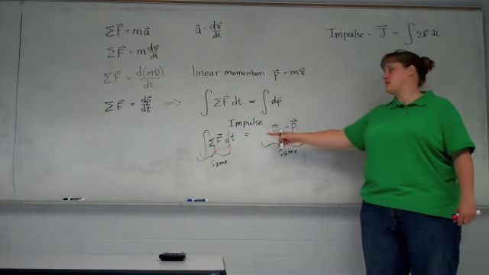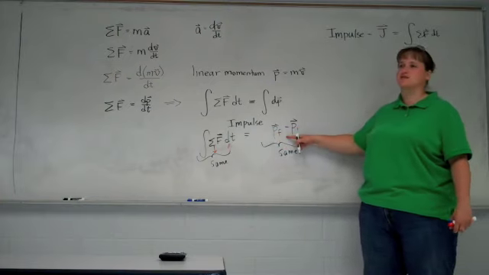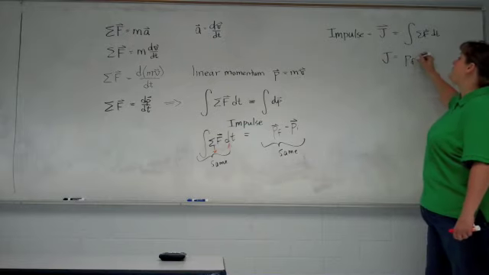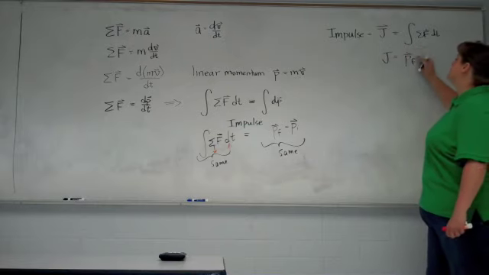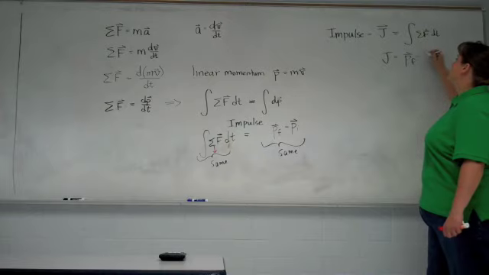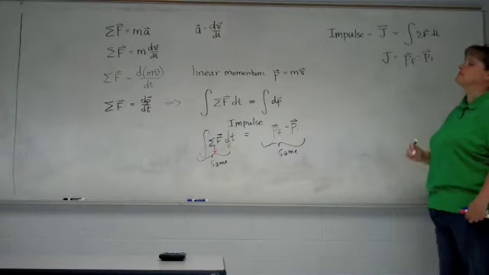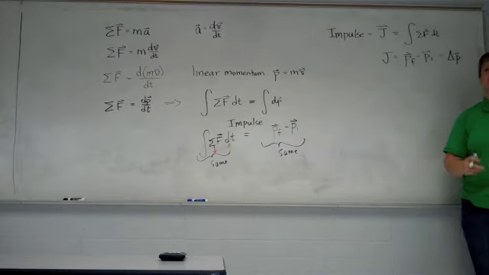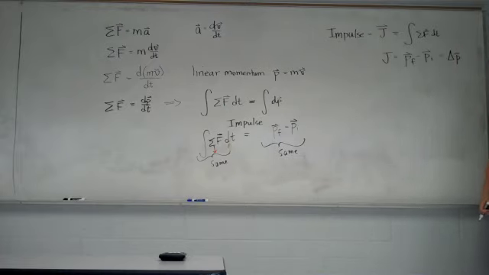But the net force with respect to time is also equal to momentum final minus momentum initial. So momentum is also equal to the final momentum minus the initial momentum. Remember, final anything minus initial anything is change. So we can say the impulse is also equal to the change in momentum.